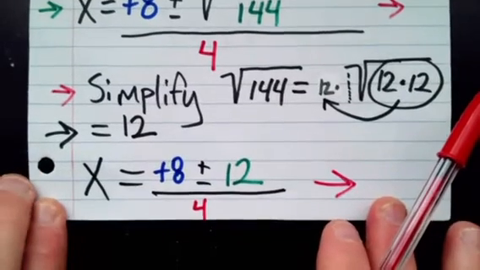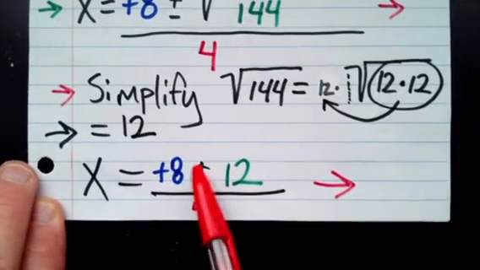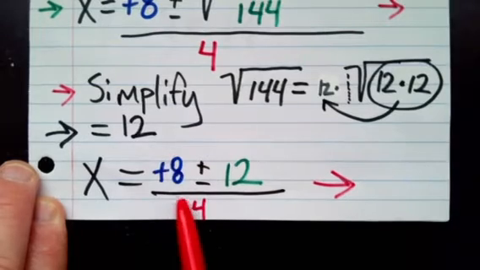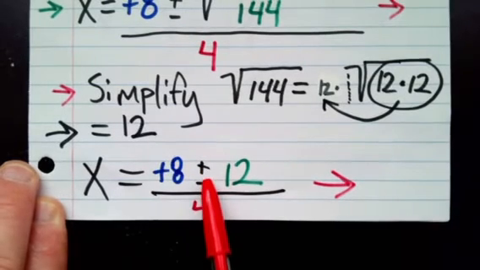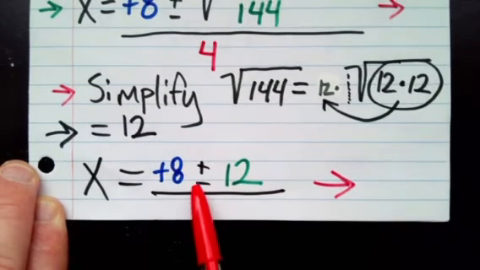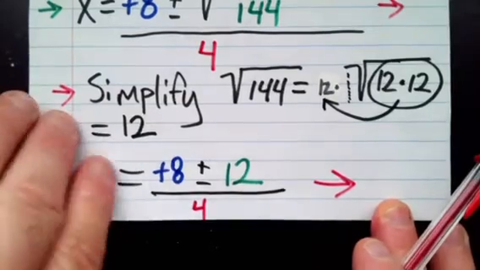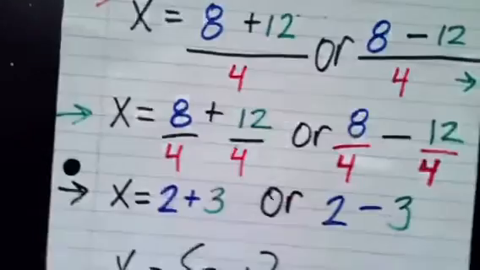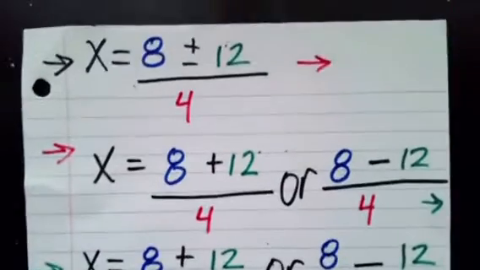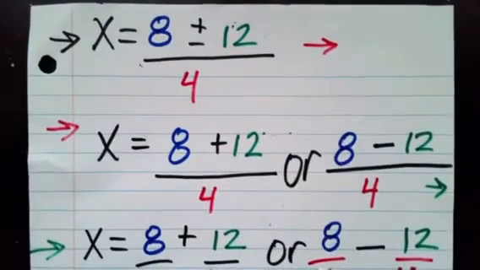If I'm going too fast, go ahead and rewind the video and you can watch. So this is simplified. And remember that plus or minus in front of the radical means 8 plus 12 divided by 4 or 8 minus 12 divided by 4. So we're going to simplify and we're going to show both. So here you can see 8 plus or minus 12.